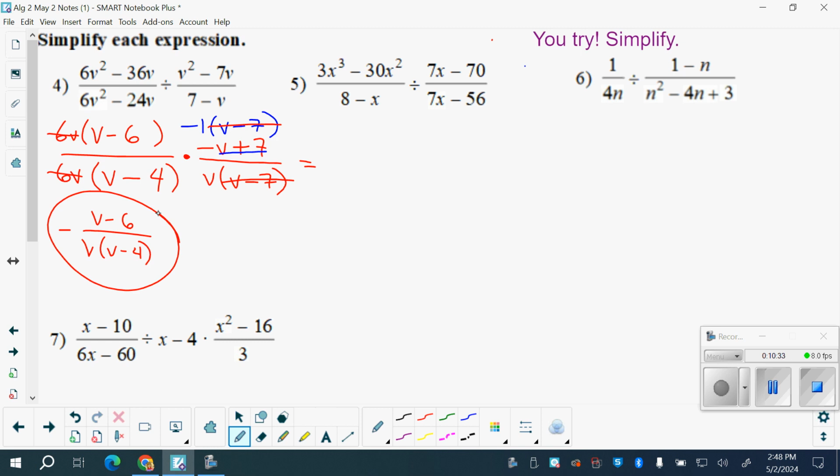They'll always have the negative either on the side or distributed in the numerator. Okay, so let's do another one. Number 5. How does 3x to the third minus 30x squared factor? Brady, do you know how we could factor out the 3x cubed minus 30x squared?